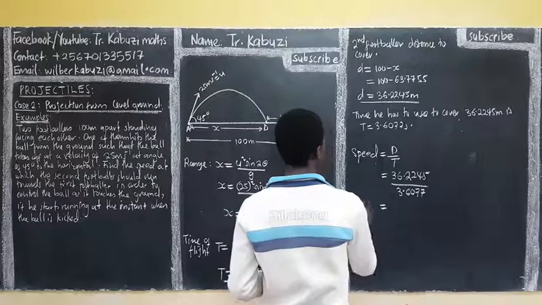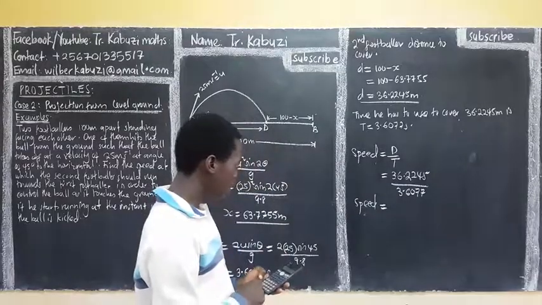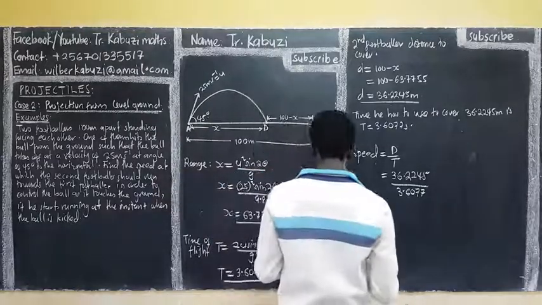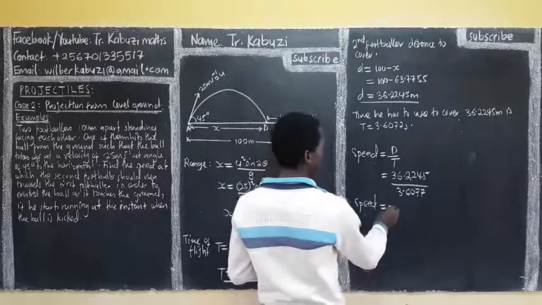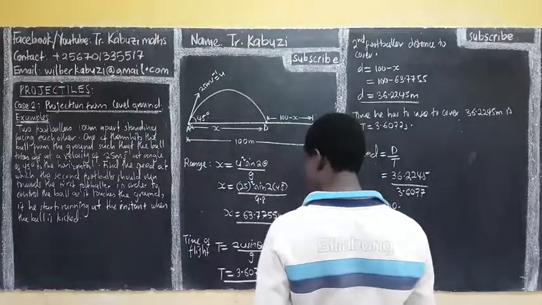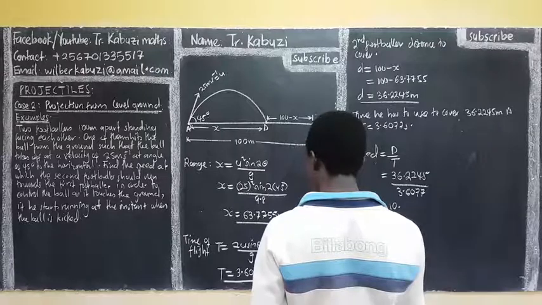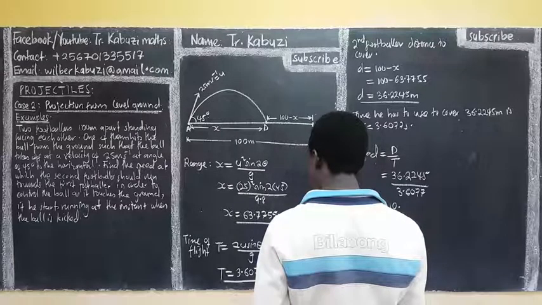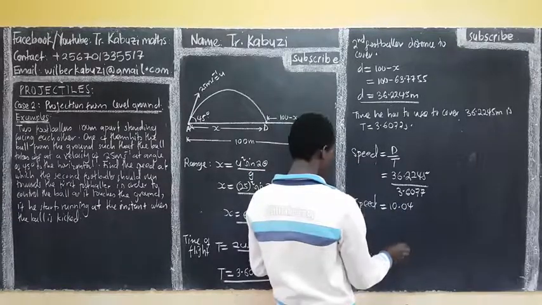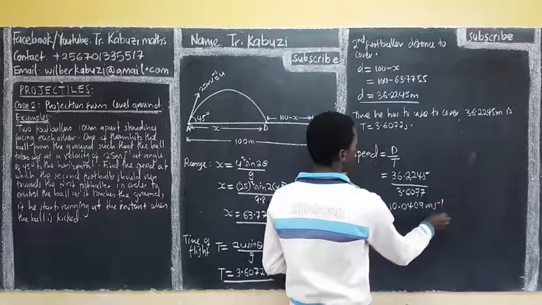So this is our speed, and the speed this man has to move at is going to be 10.04 meters per second.